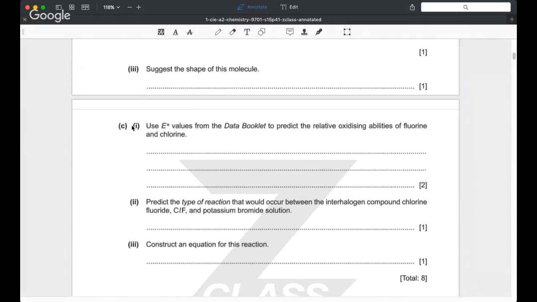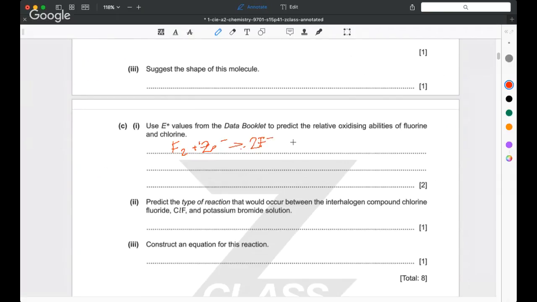And it says you have to look up these standard cell potentials in the data booklet. And when you do that, you find that for fluorine, if you look that up in the data book, then you have this equilibrium. There's 2 electrons making 2 fluoride ions.